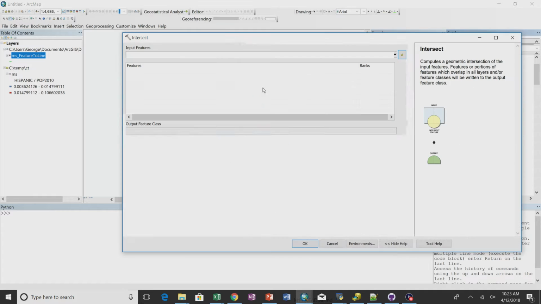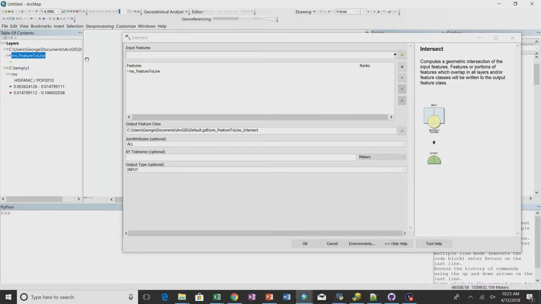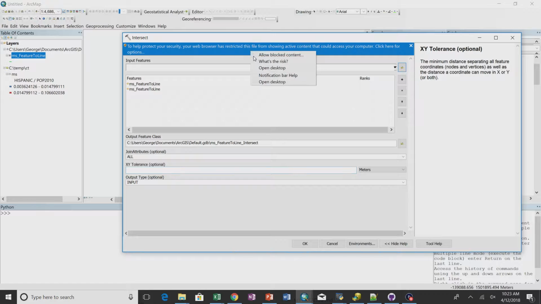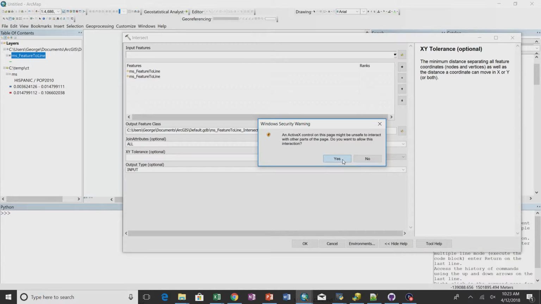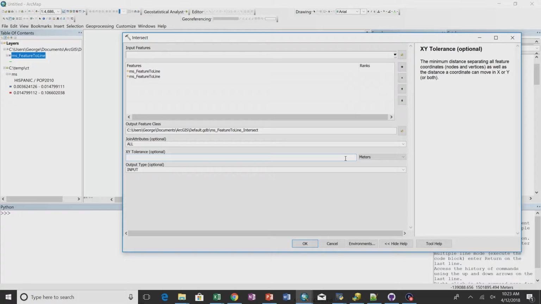Intersect. So you feed it the line twice, and we'll see in a second. One thing that I really recommend when you're doing join count analysis, or actually intersecting lines ever, is that you do set this XY tolerance. If you don't, the default is 0.